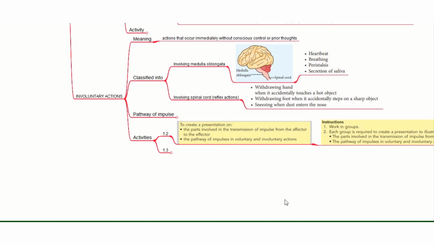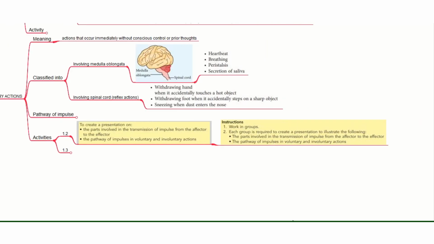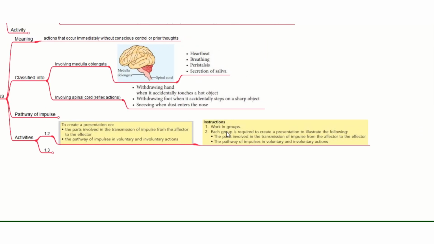Instructions: work in groups. Each group is required to create a presentation to illustrate the parts involved in the transmission of impulse and the pathway of impulses in voluntary and involuntary actions.